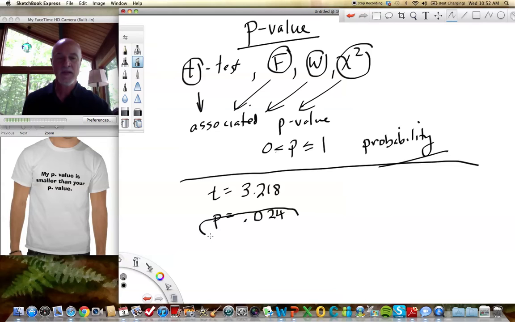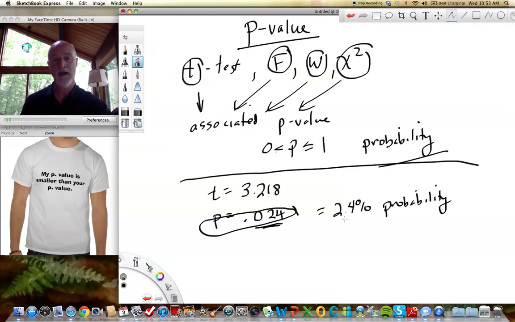So this p-value does meet the criteria of being between 0 and 1, and it's a probability. But we've got to understand what this probability means. First of all, it's not given in a percent, it's a probability between 0 and 1. So this is a 2.4% probability of something. We can translate that just by multiplying by 100 into percent probability. But p-values are typically not reported that way, though that might help you interpret some p-values.